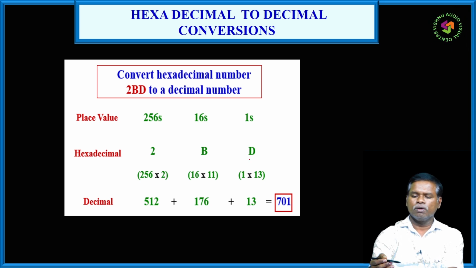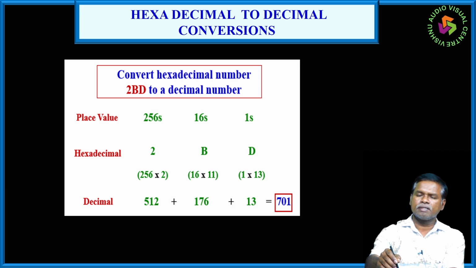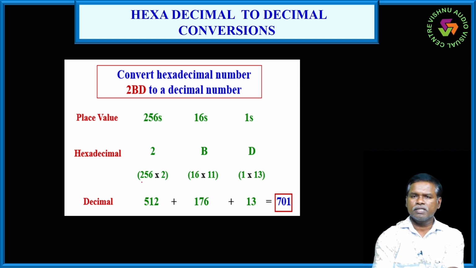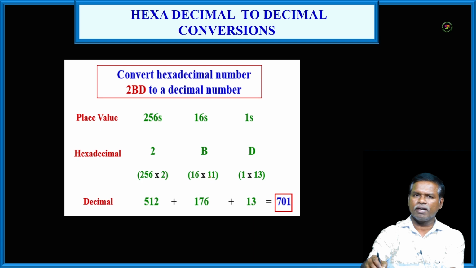Now, because we are interested in the decimal value, each digit or symbol is multiplied with its place value. The most significant digit is 2, multiplied with its place value. So 2 into 256 is 512, plus the next one, B, which is equal to 11 in decimal, and its place value 16.